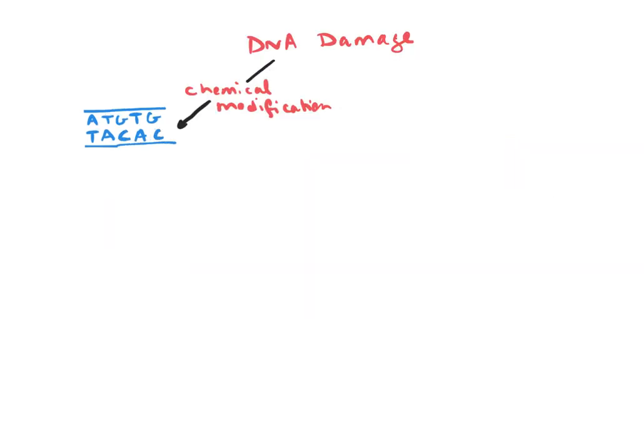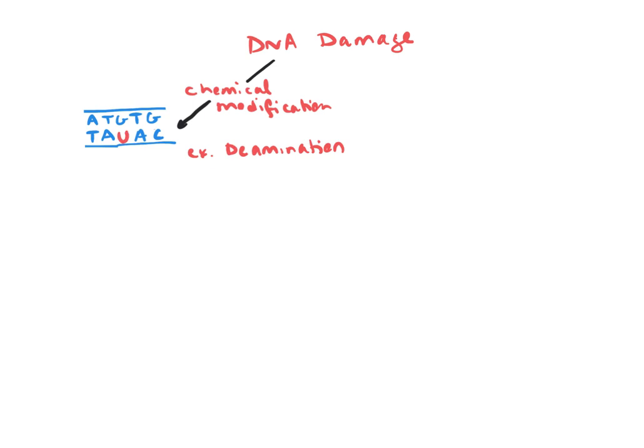Now let's take a look at the repair that needs to be done when DNA damage occurs sort of after replication and is usually associated with spontaneous chemical modification or some other mutagen. So one example of a chemical modification is deamination. This is where a cytosine is modified to become a uracil.